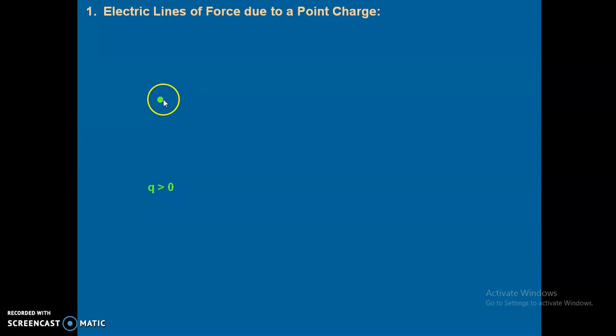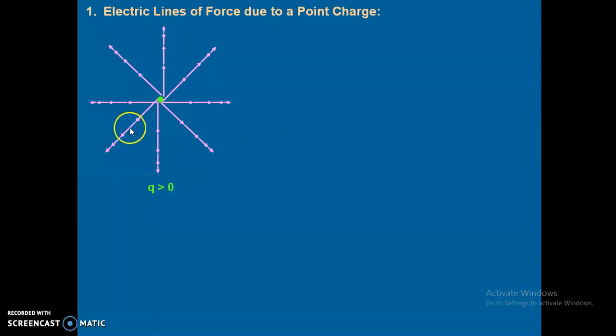Suppose here a point charge q greater than 0 is placed. Q greater than 0 means positive charge. Then this is the vector form representation of electric field vectors due to a point charge where q is greater than 0. It means positive charge.